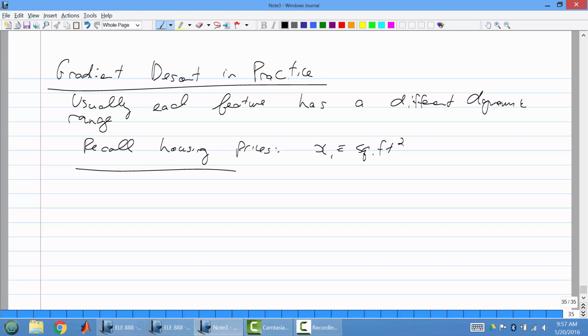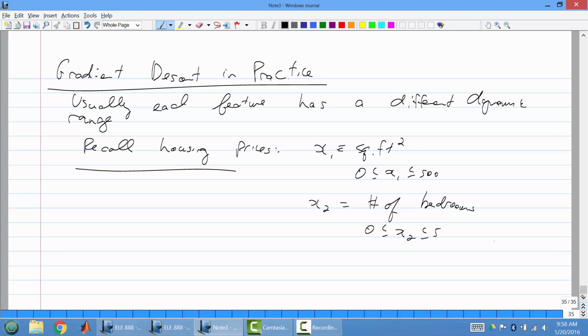And it might vary between 0 and let's say 5,000. And the second feature was the number of bedrooms, and that could vary between 0 and 5. So the dynamic range between each feature varies very widely.